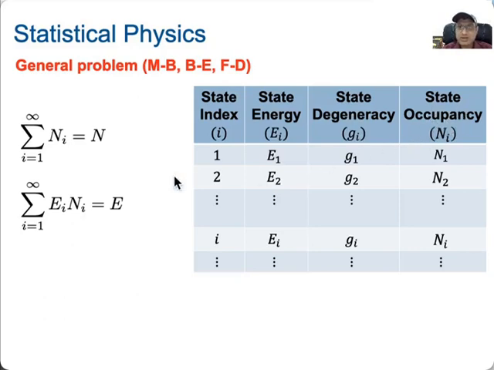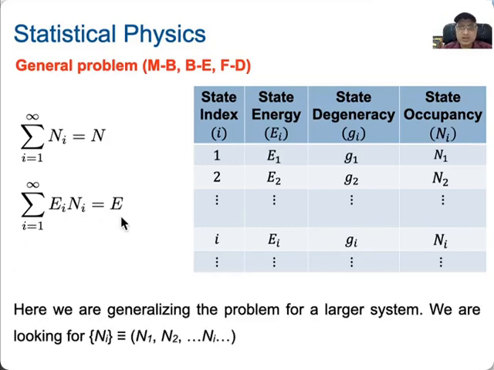So now we can say that if I sum the total number of particles, it will come out to be N, and if I sum the total energy of the system, which is E_i times N_i, it is going to be E. So here we are generalizing the problem for a large system, and we are looking at a configuration N_i, where N_i is N1, N2, and so on. Okay, so these are the state occupancies here.